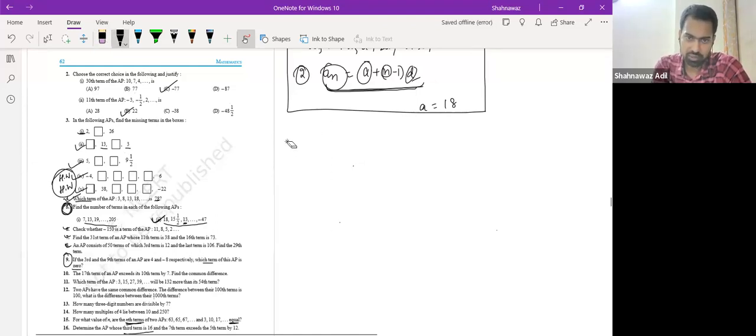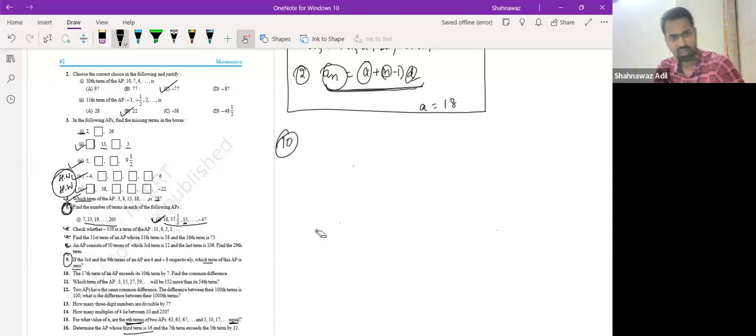Okay, 10th one. So, what is given here, Tejasvi? So this is Tejasvi's question. Yes, sir. A17 minus A10 is 7. Okay, good. Actually, I read the question: the 17th term of an AP, A17 minus A10, is 7. So the 17th term exceeds the 10th term by 7, right? Yes, sir.